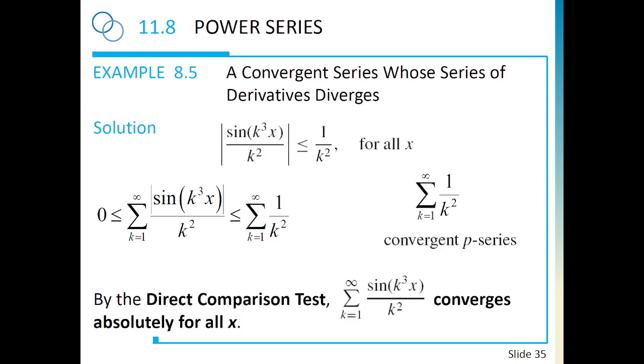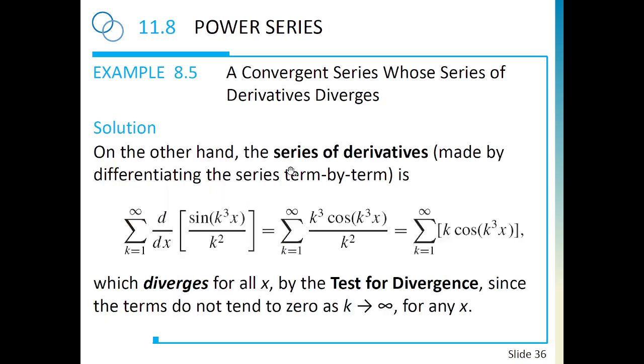So you see, even though my original series, which was not in this case a power series, just some regular series, was absolutely convergent everywhere, its series of derivatives is not convergent at all. So this is just to show you that our big result for the power series is very special.